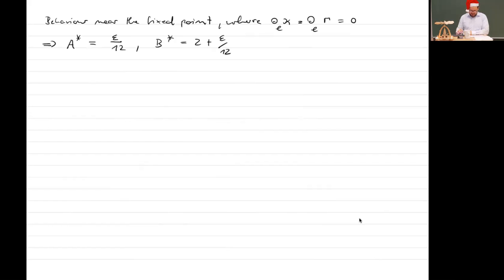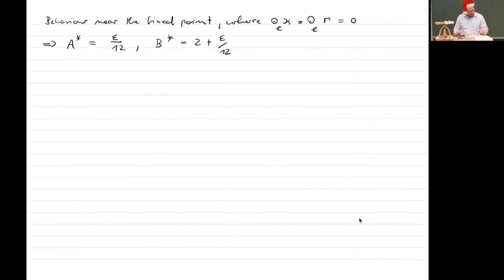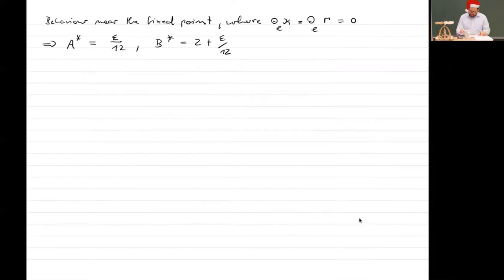And now we substitute that into this equation here, and we get our first two critical exponents.